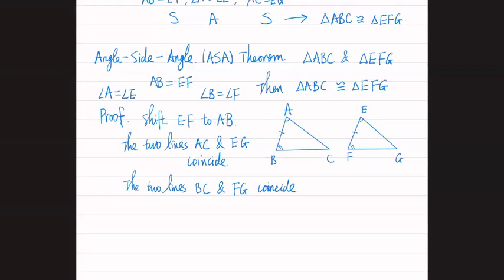Now we consider the pair of lines AC and BC.